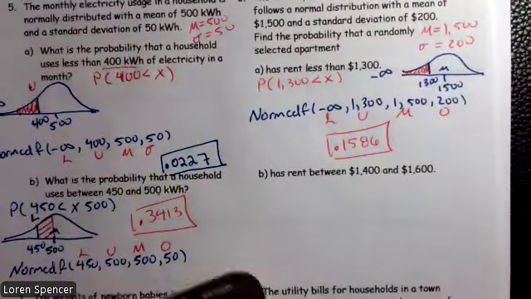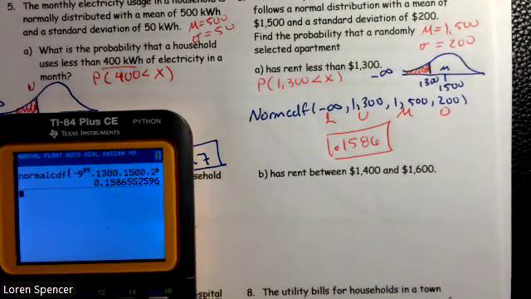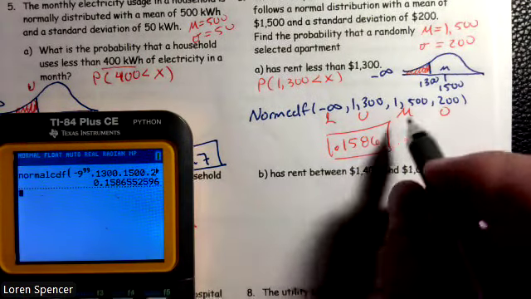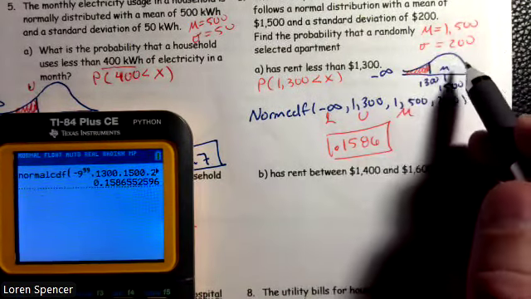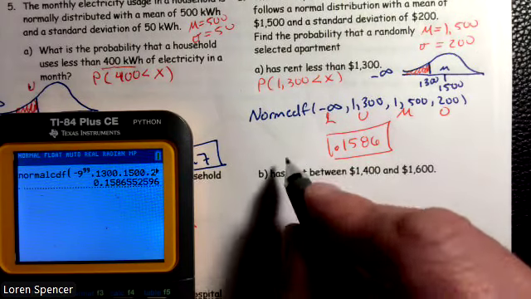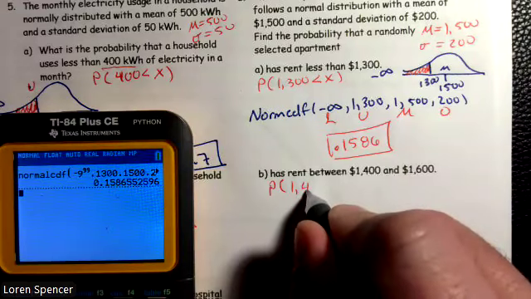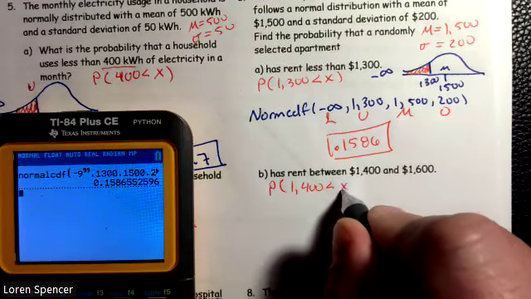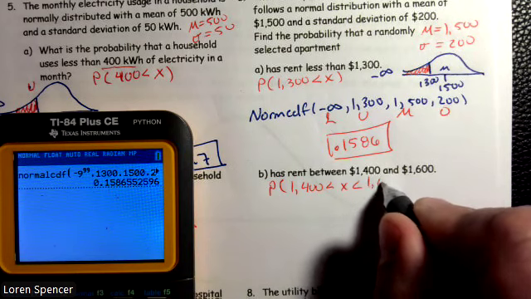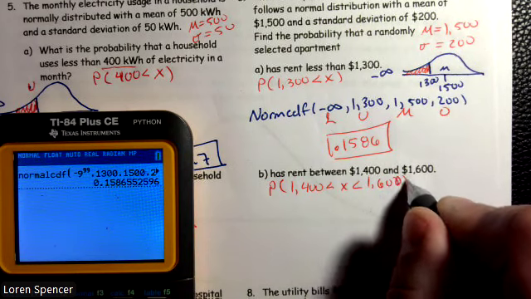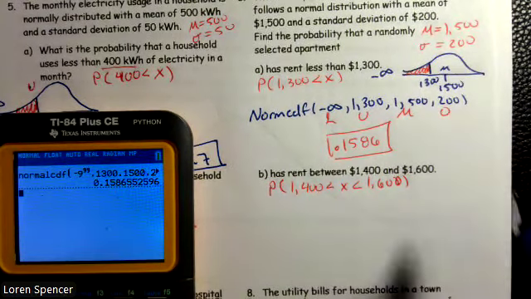All right. Has a rent between 1,400 and 1,600. So we're still working with the same 1,500 and 200. So we want the probability that 1,400 is less than X is less than 1,600.